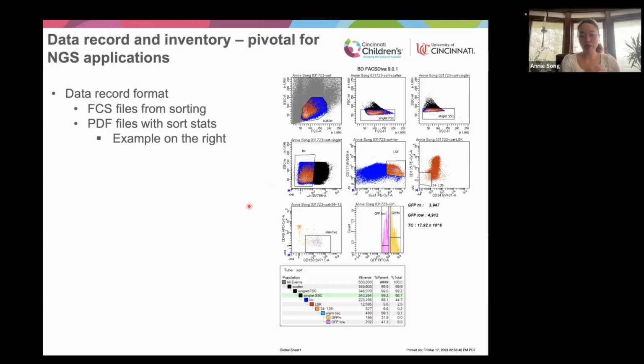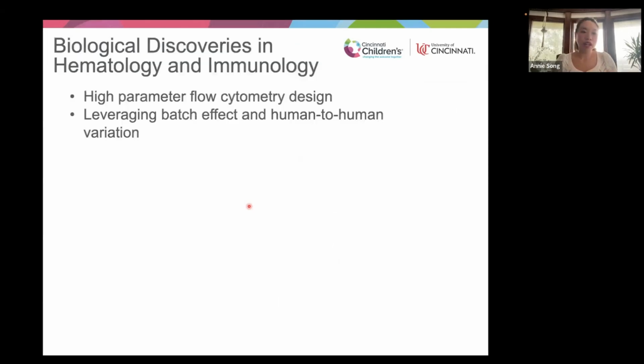That way, when you sit down with the bioinformatician for the data analysis and something doesn't look quite right, you can immediately go back to the experimental date and setup and the number of events that you got, to account for any possible problems that could have happened along the way. So that summarizes the technical portion of this talk, which I think is crucial to set yourself up for success.